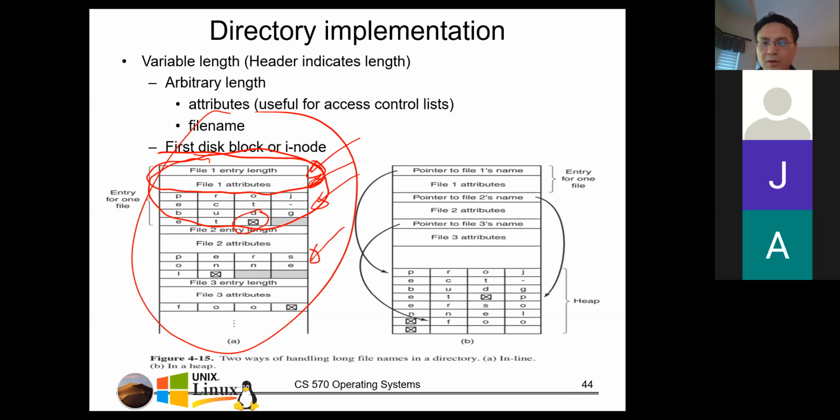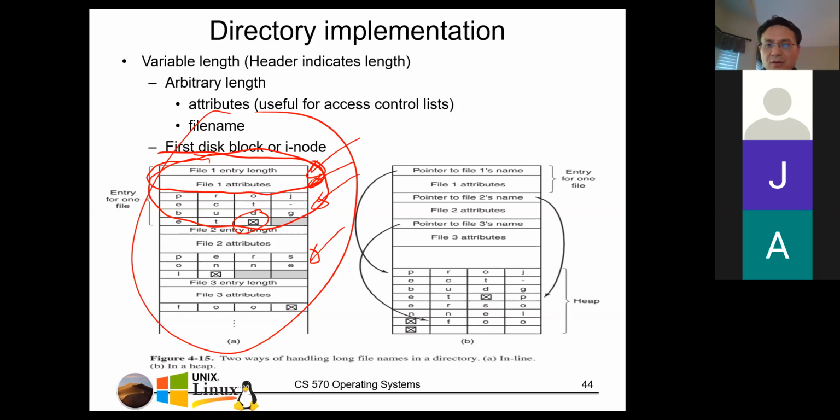This problem is essentially the same as what we saw with contiguous disk files. Over time, as files are created and removed, you could end up with a fragmented directory entry, and that's not ideal.